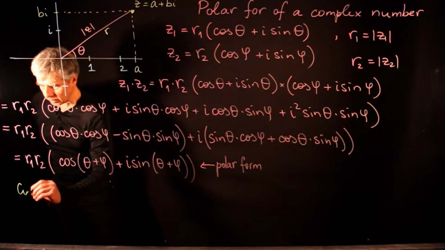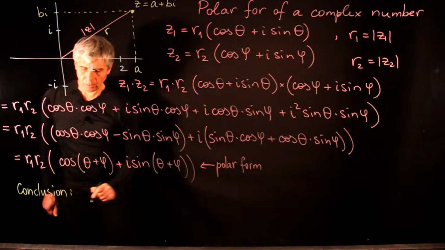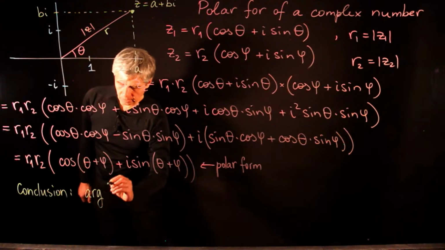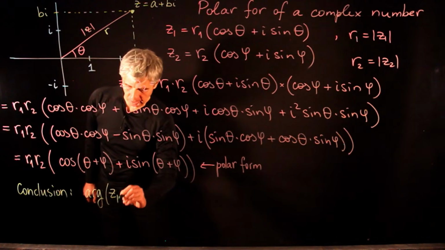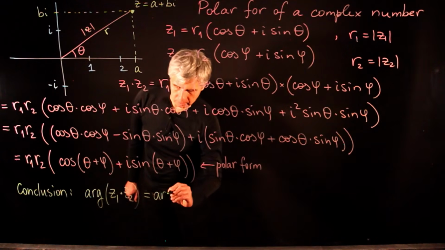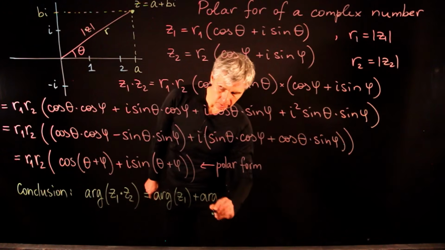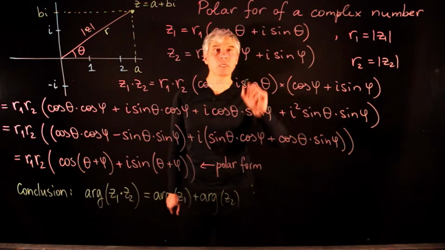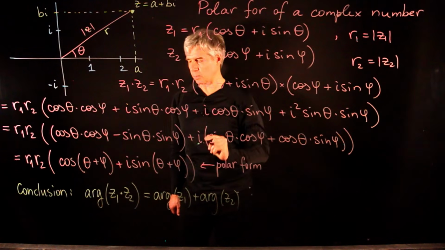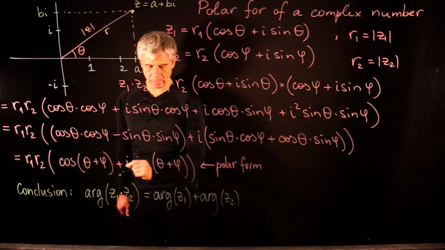And now we get the following conclusion. When we multiply two complex numbers, then their arguments add. So the argument of the product z1 z2 is the argument of z1 plus the argument of z2. So here we saw that theta was the argument of z1, phi was the argument of z2, and the argument of the product is theta plus phi.